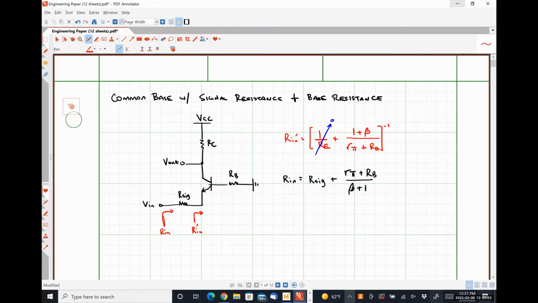Our output resistance is determined looking in to the output tank. Based on our prior analyses, what do you think this is going to be? RC. Over and over and over. All right. So the last thing that we need to determine then is our voltage gain.